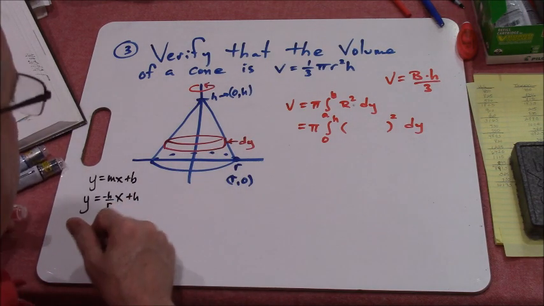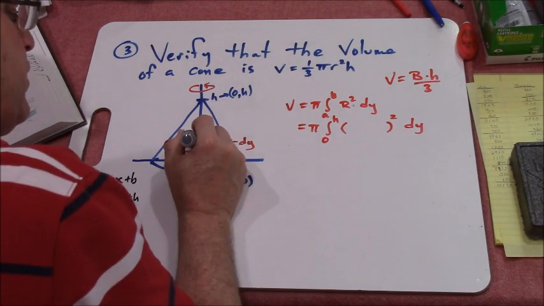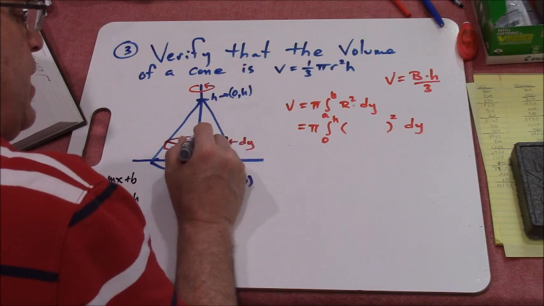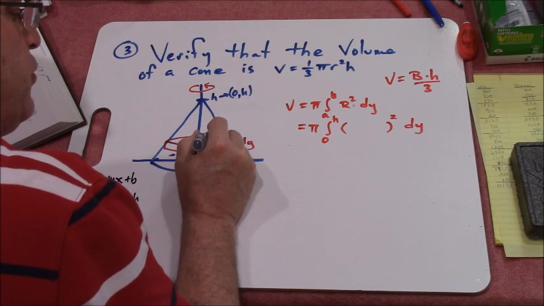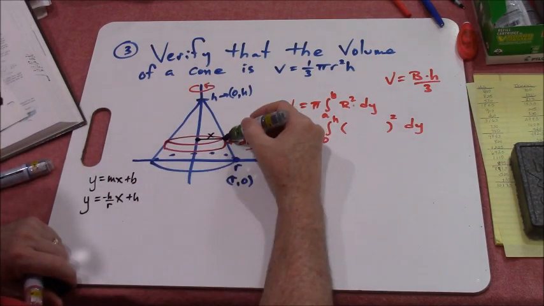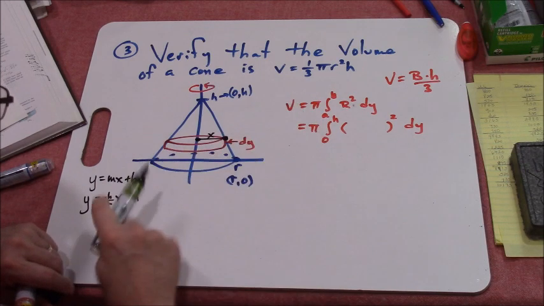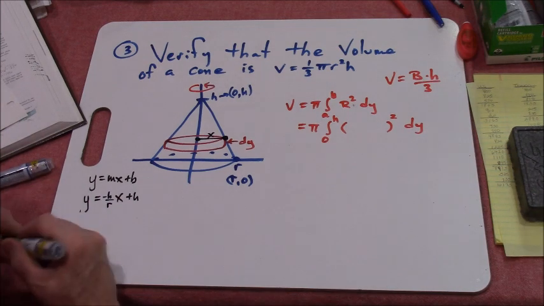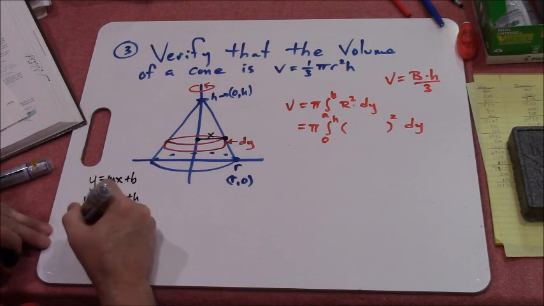And my radius here is going to start at the axis of rotation and go out to that line. And so really it's just whatever the x-coordinate is at this point. So I need to solve this for x. I'm going to move this term to the other side so that it becomes positive.